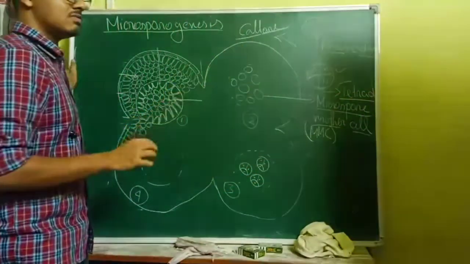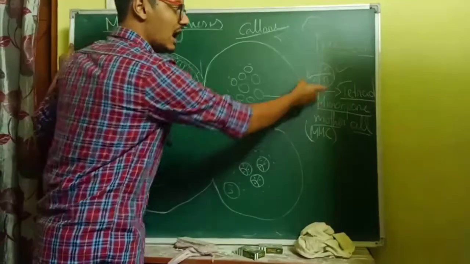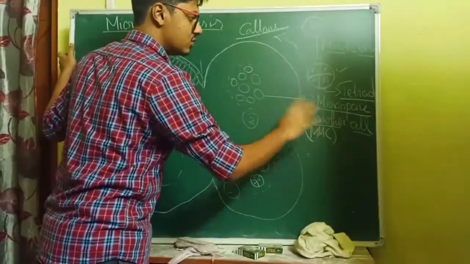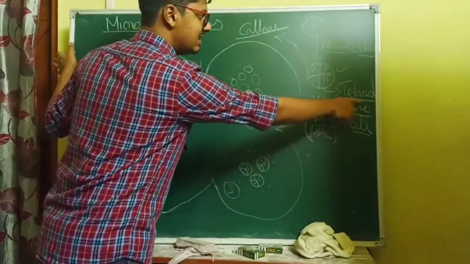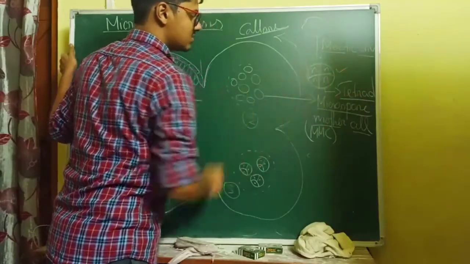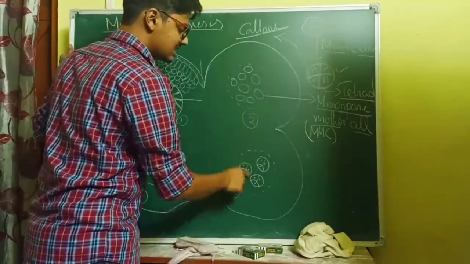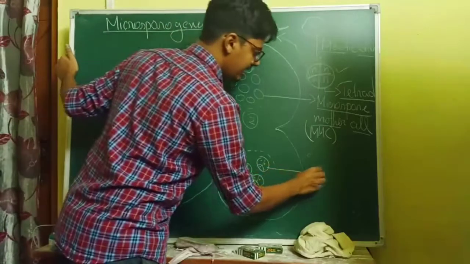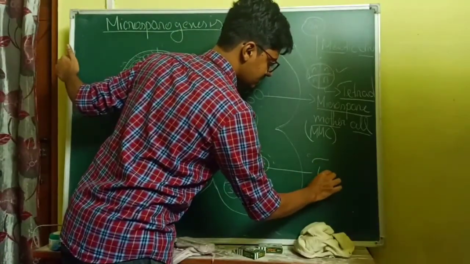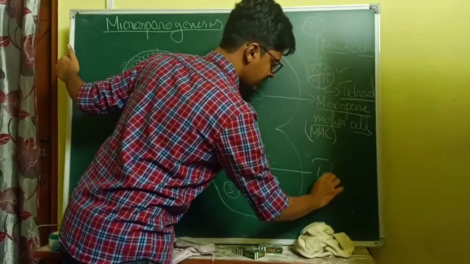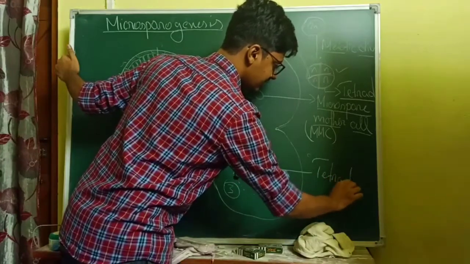There are 4 types of tetrad based on how these cells are arranged. You don't have to go into all that deep thing. Now these cells are in tetrad form.